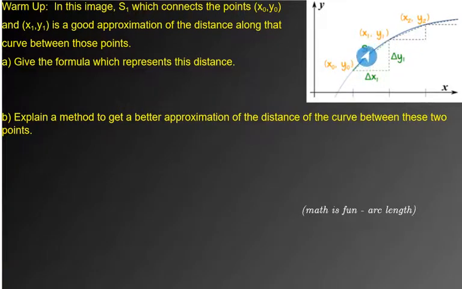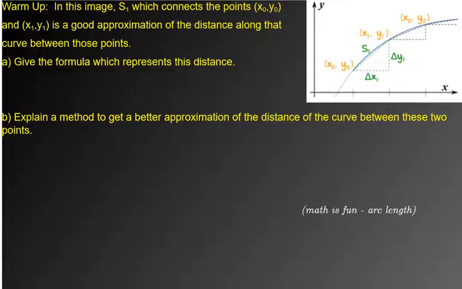And so to approximate this arc length, S1, we basically are taking that green hypotenuse of this triangle here. The smaller we make these little delta x1s or delta y1s, the better and better the approximation gets. So really it all comes out of the distance formula.